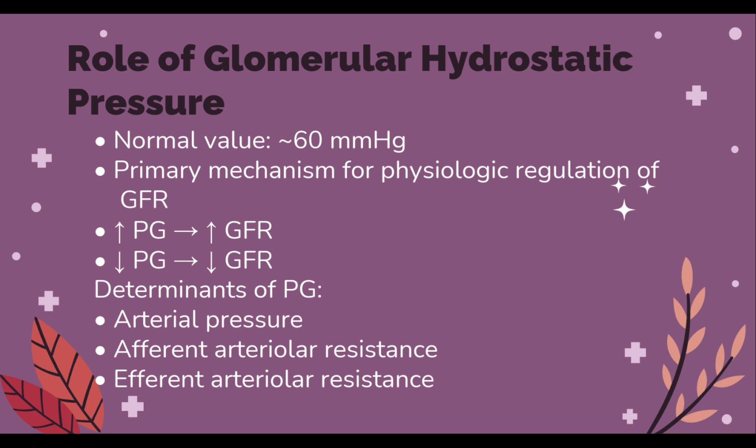What are the determinants of glomerular hydrostatic pressure? So they are arterial pressure, afferent arteriolar resistance, and efferent arteriolar resistance. When there is increased arterial pressure, it tends to increase the glomerular hydrostatic pressure. So therefore there is increased GFR.